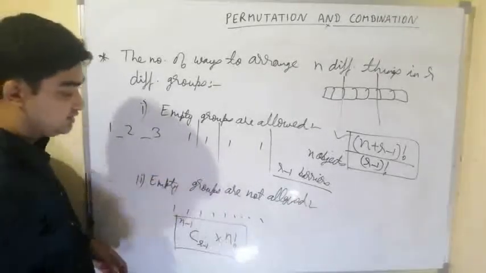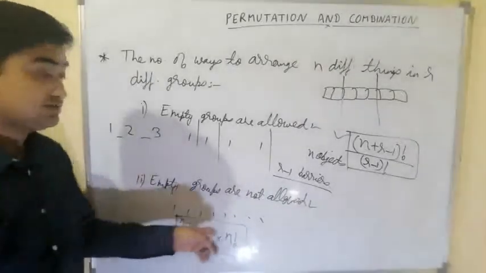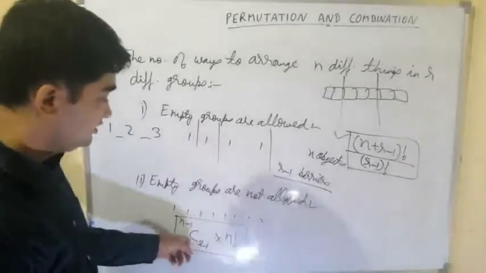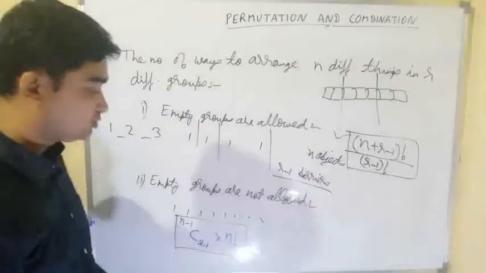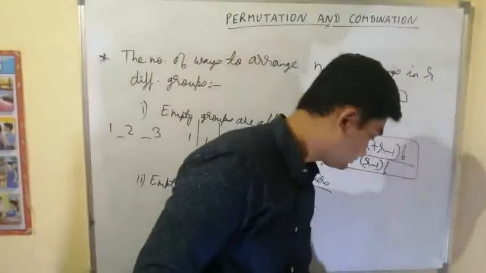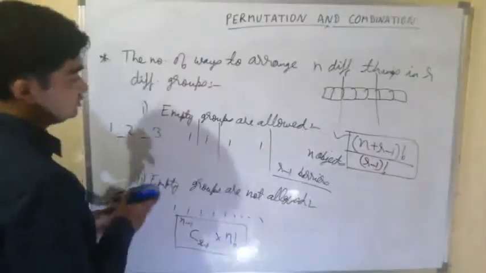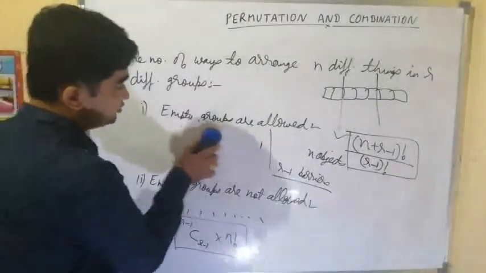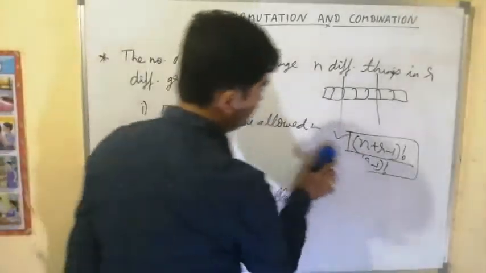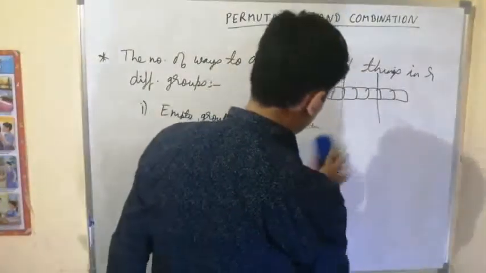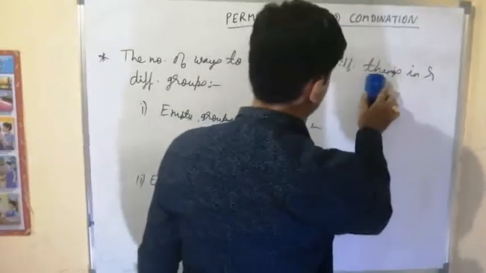Then the objects can arrange in n factorial ways. This and this. So this is the number of arrangements in which empty groups are not allowed. Right? So this is the first concept for arrangement of n different objects in r different groups.